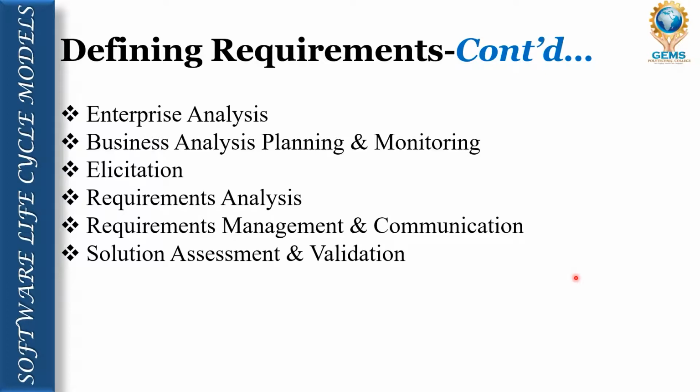Requirement management and communication is also one of the points we have to keep in our mind when we are going to define the requirement. And solution assessment and validation, that means validation and verification, these are two important and ongoing steps till the end of the software development.